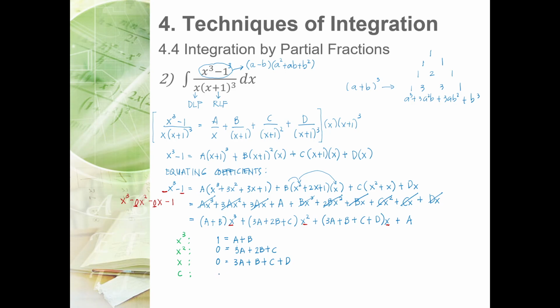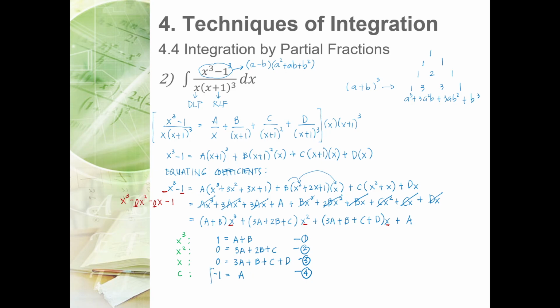And then the last one would be negative 1 is equal to a. So you have 4 equations: 1, 2, 3, and then 4. Notice that the last one is already solved, which is negative 1 is equal to a. So a is equal to negative 1.